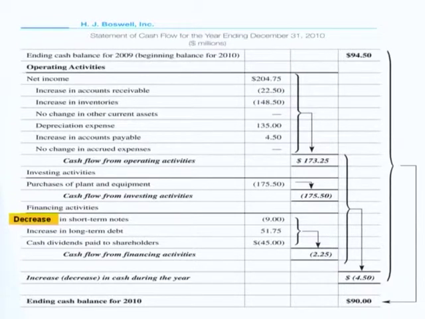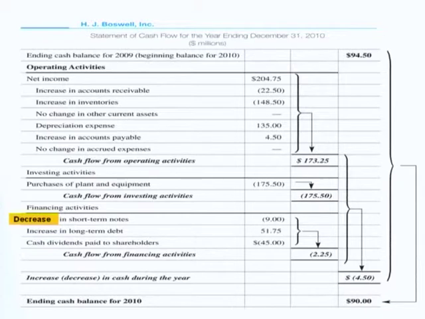Depreciation is part of net income. You pay depreciation before you get net income, so depreciation is a non-cash operating expense. You must add it back, because it's a non-cash item. So add it back by 135. Increase in accounts payable is also operating activity. It's a source of cash.